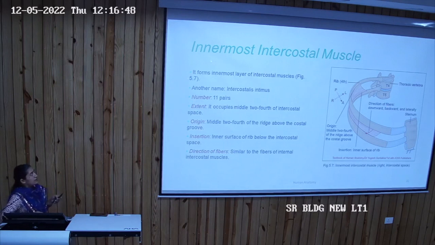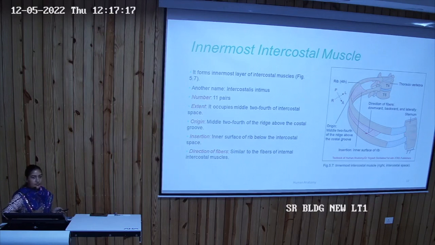Okay? Then coming to the innermost intercostal muscles. The innermost intercostal muscle is the third layer of the thoracic wall. The external and the internal intercostal muscles were coming from the posterior end, and one was coming from the anterior end. Now this innermost intercostal only occupies the middle part of the intercostal space. It is deficient posteriorly, and it is deficient anteriorly.